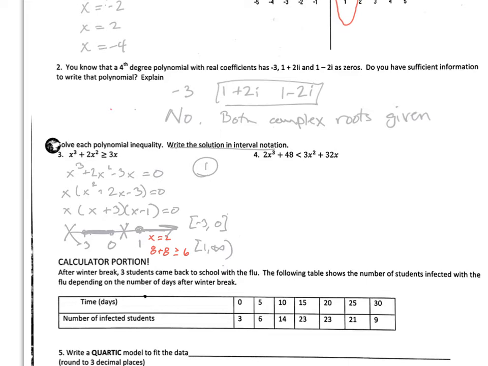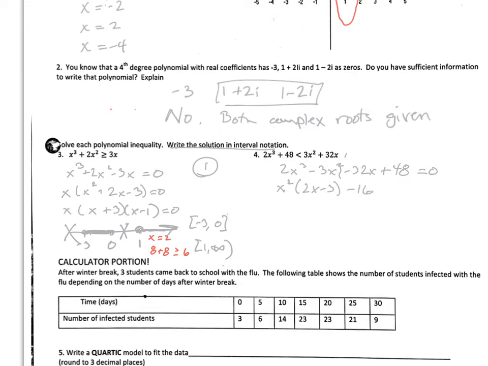In number 4, getting this thing set equal to 0, put it in the right order as well. So 2x to the third minus 3x squared minus 32x. The 48 stays where it is, and now it's equal to 0. Grouping, anytime you have 4, it's grouping. So we have x squared, and then we're left with 2x minus 3.